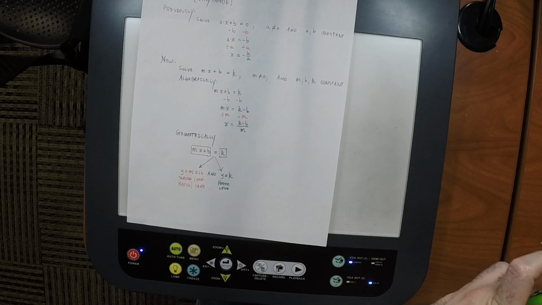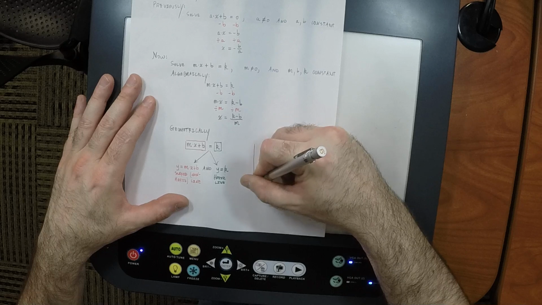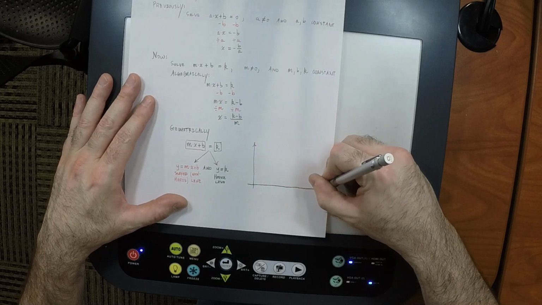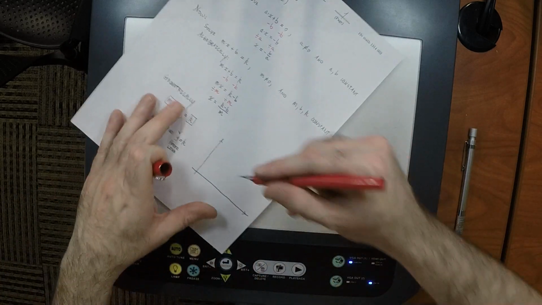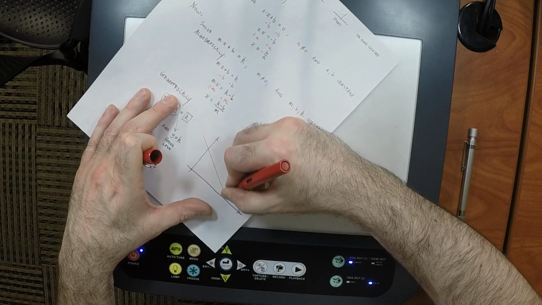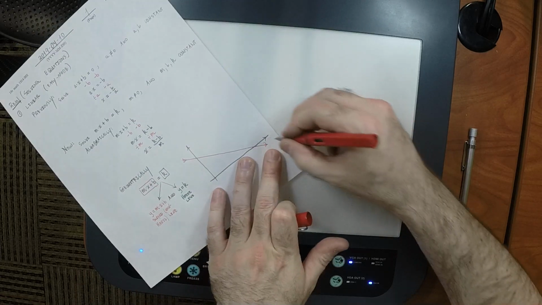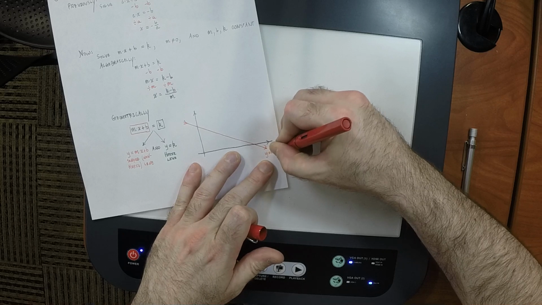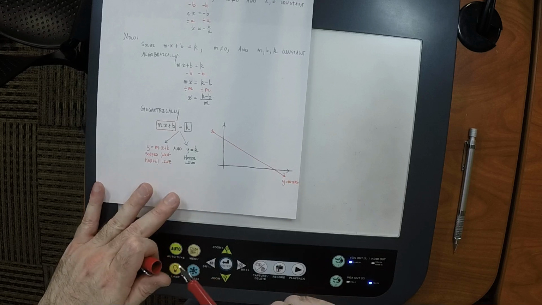And now I'll make a sketch and draw an example of such a red line. So that's y is mx plus b, like that.